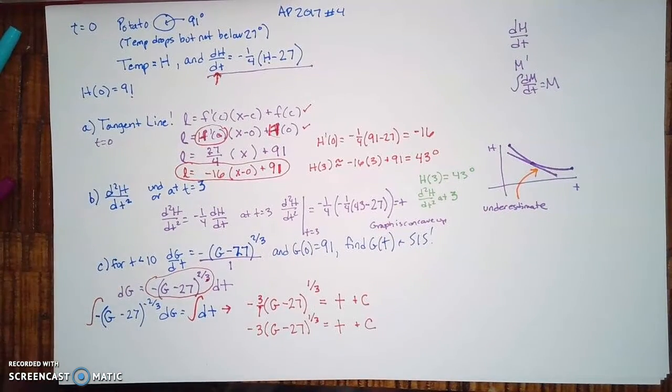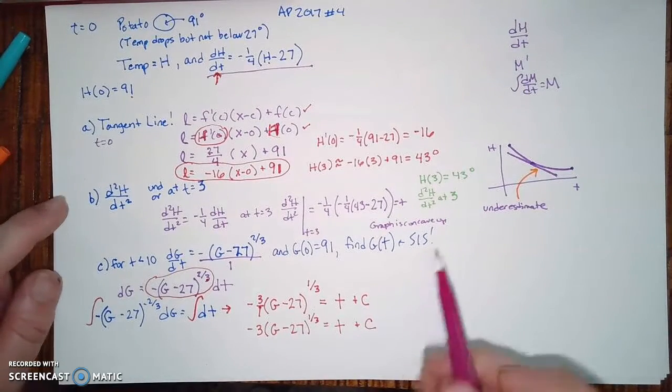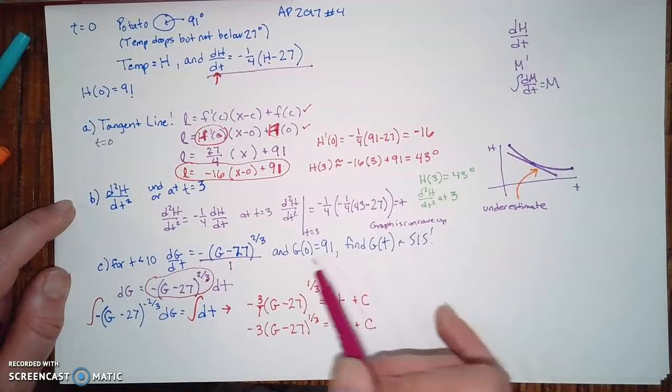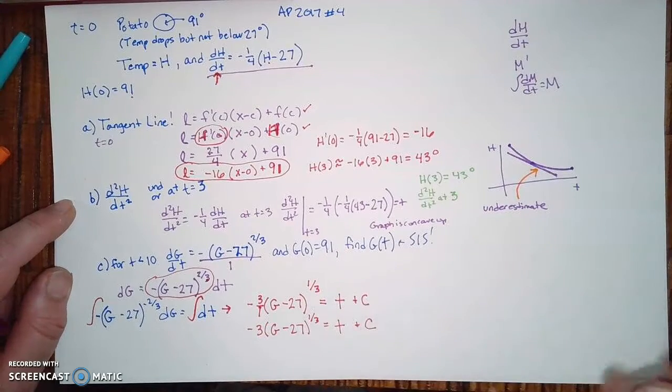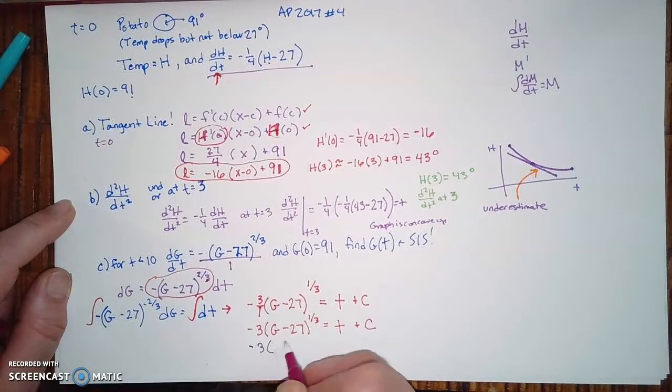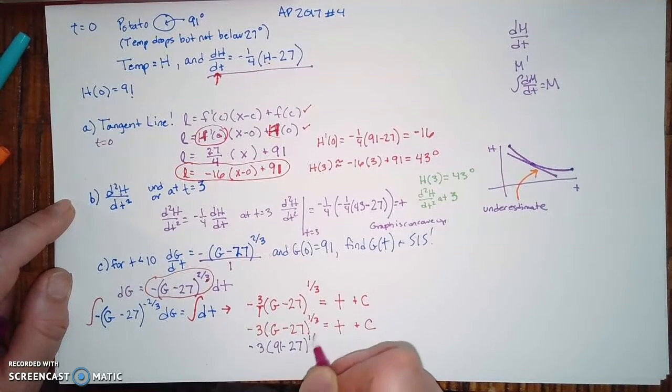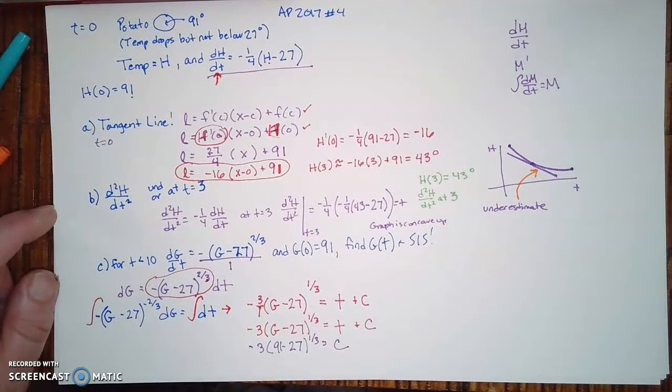Right now I have enough information to find what C is, because they give me that when T is 0, G is 91. So I could fill this in. Negative 3 times 91 minus 27 to the 1/3 equals C, because T is equal to 0. So I'm going to do that in my calculator. Hold on one second.